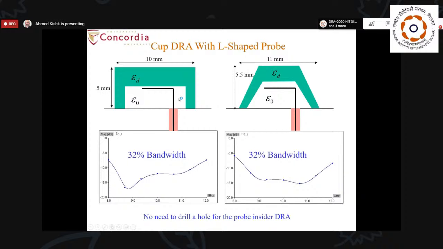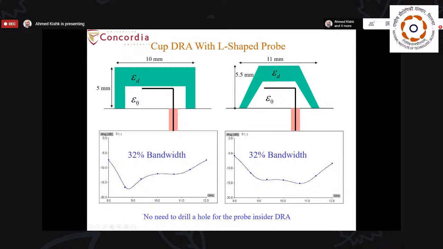By doing that, the probe is in free space, and it needs to be longer than when it is around the high dielectric constant. So in order to house it in here, we bend it to be like an L shape.